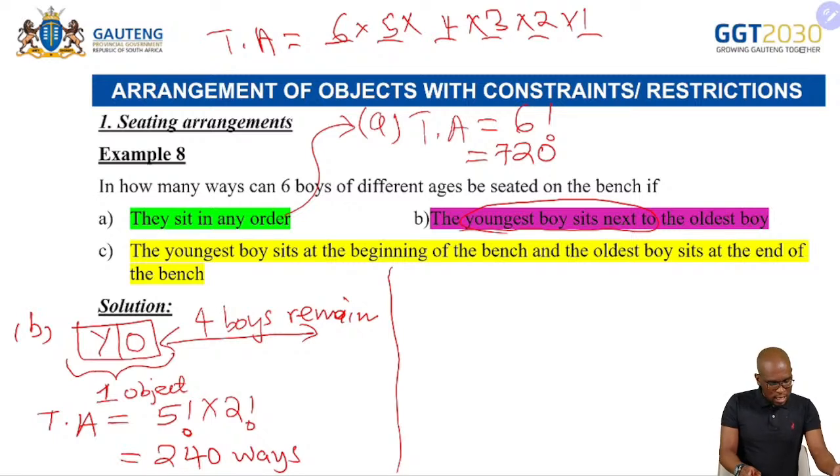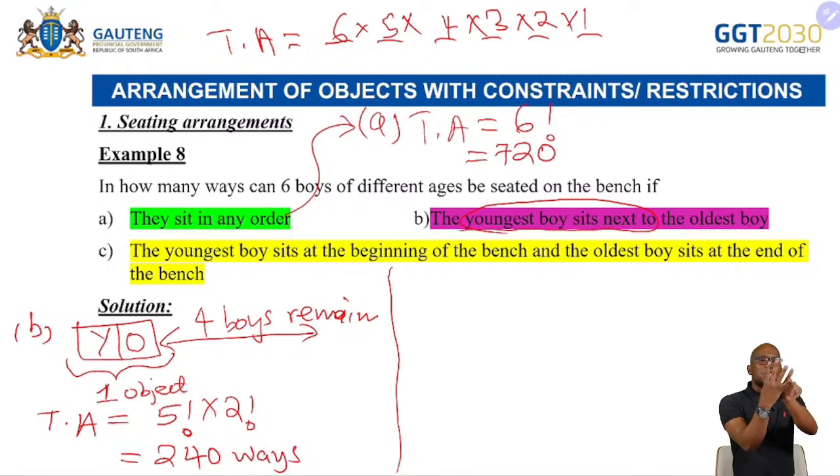Right, moving right along. But before we move on, let us just recap on what we did on this problem. They said the youngest must sit next to the oldest. So you treat the youngest and the oldest as a single object. If you treat them as a single object, then you can move that object within the arrangement because there are 4 boys remaining.